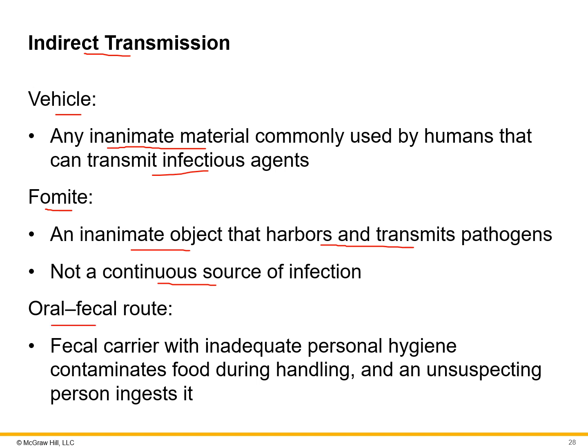And then the oral-fecal route is another indirect way, as the name implies. The fecal carrier is inadequate personal hygiene, contaminating food during handling, so not properly washing their hands after going to the bathroom, and then they're passing that on. Fecal contamination on their hands is then passed on to the unsuspecting person.